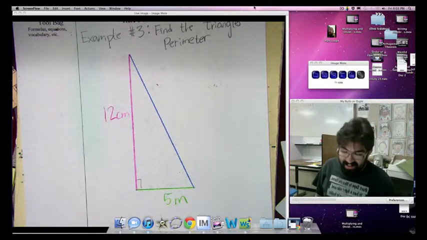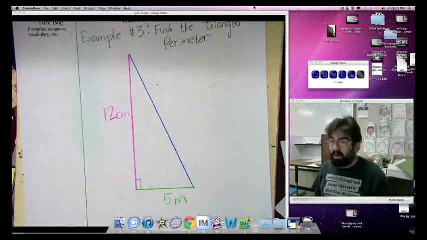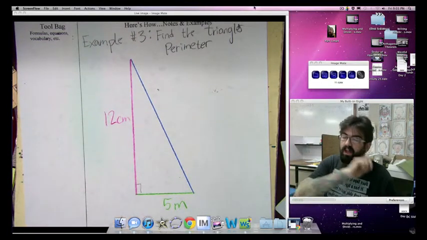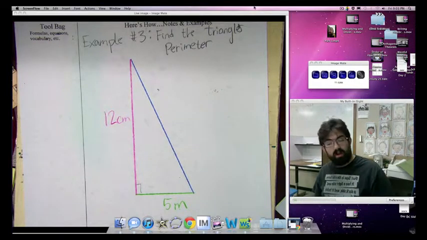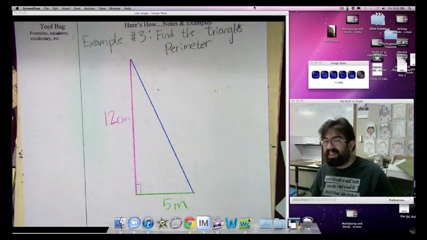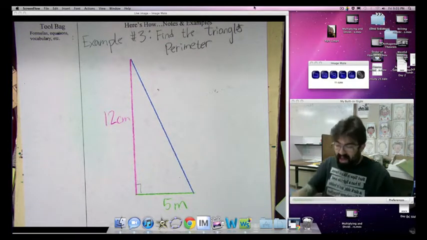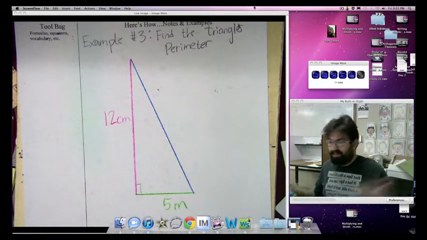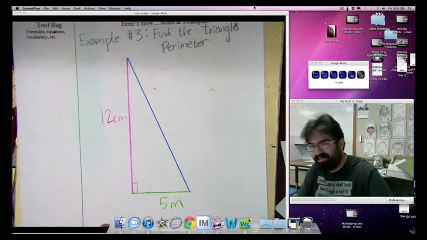Well, that's a triangle. Not only is it a triangle, it is a right triangle, which means we can use the Pythagorean theorem to find that missing side. Hot dog, let's do it.